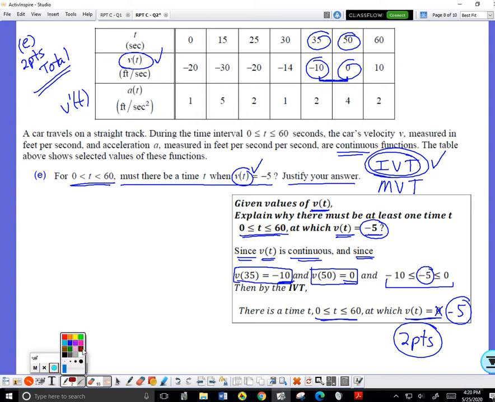That's worth 1 point. If you have all of the rest correct, you get the second point. The rest being you have to identify that v is continuous, and you have to have a concluding statement that by the intermediate value theorem, this is true. I would just copy the box. The wording in the box is perfect, so don't feel like you have to invent your own wording.